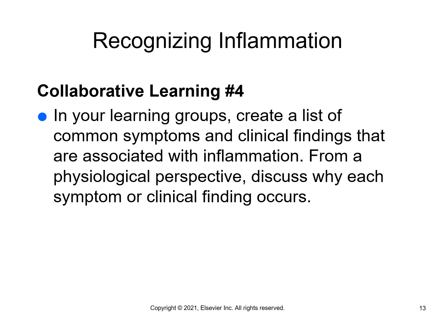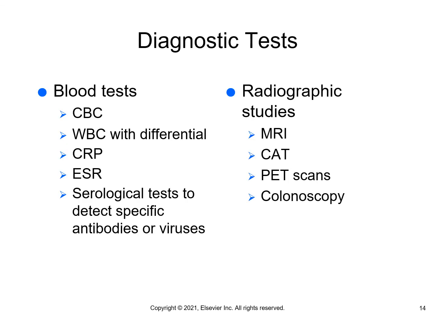In class, we are going to be looking at the clinical manifestations, clinical findings that are correlated with inflammation, and we'll discuss those in detail. We also are going to talk in more detail about diagnostic testing. What do we use the CBC for, the WBC, the CRP, ESR?